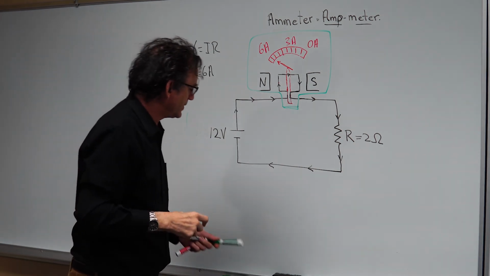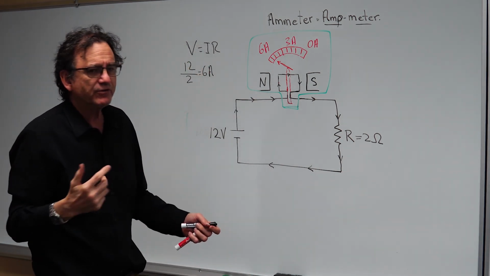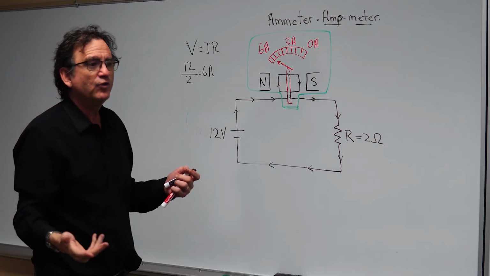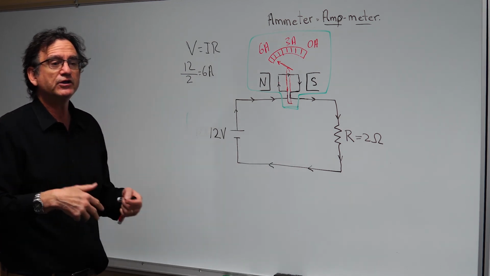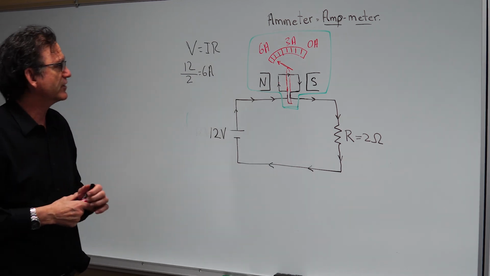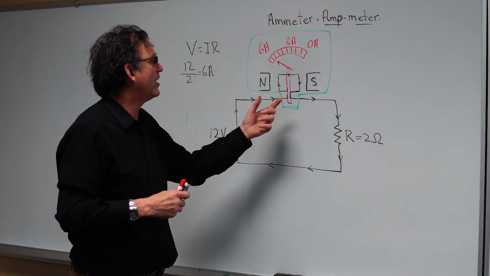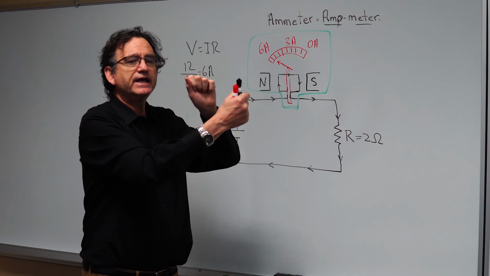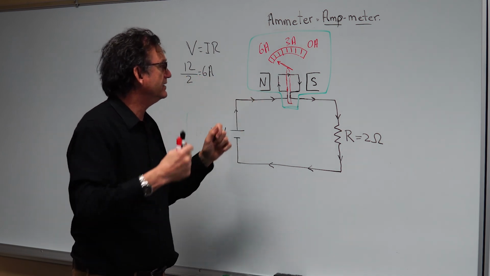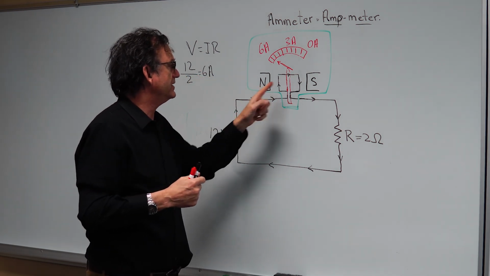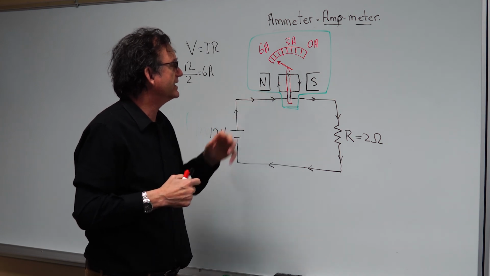So this shows you how to measure current from the interaction of the magnetic field with the current that's going through it, and we can use this interaction to tell us how much current is going through the loop by how much this coil gets twisted and deflected as it is experiencing the magnetic field.